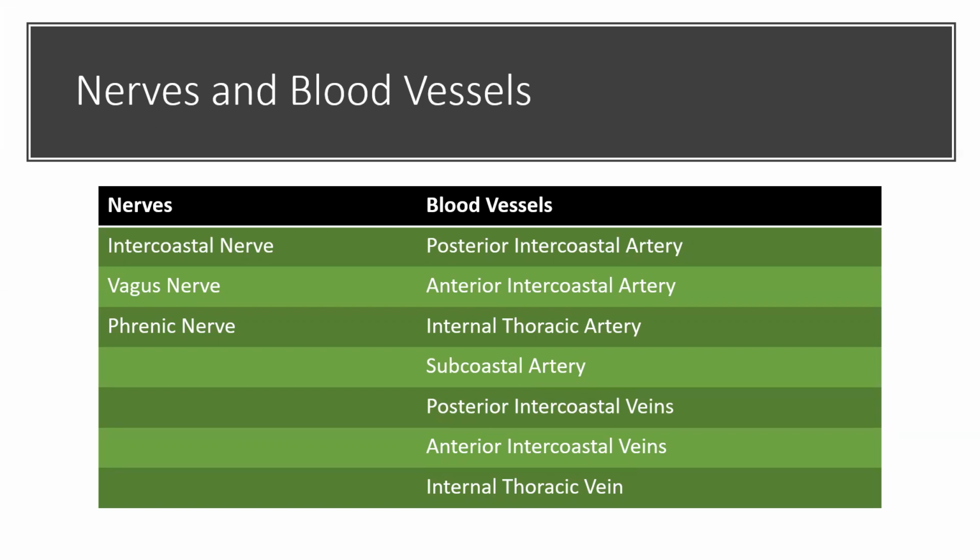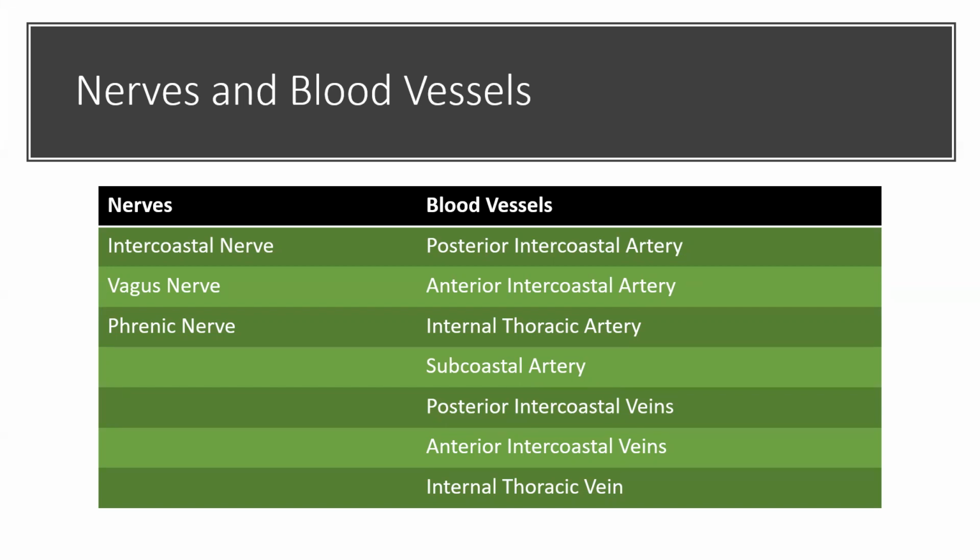The subcostal arteries are bilateral small arteries that arise off the distal descending thoracic aorta, which course laterally beneath the 12th rib. The posterior intercostal vein, what's important to know about it is that it drains into the azygos, the hemiazygos, and the accessory hemiazygos veins.